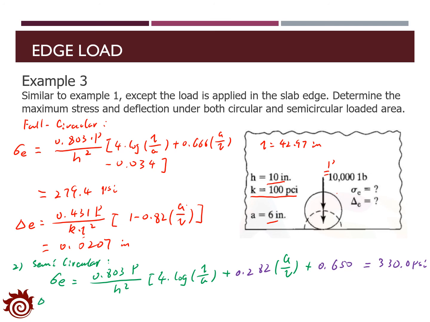For the maximum deflection, delta E equals 0.431 P divided by K times L squared times 1 minus, here we need to replace the coefficient for the semicircular load, that is 0.349, times A over L. With that, we find the result as 0.0222 inches.